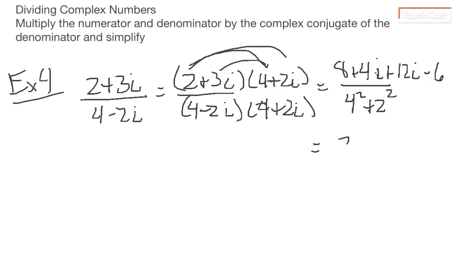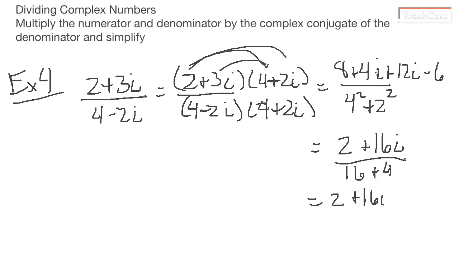So 8 minus 6 is 2. 4i plus 12i is going to give us 16i. 4 squared is 16. 2 squared is 4, so we're going to get 2 plus 16i over 20. Now, all three terms here are divisible by 2, so I'm going to divide everything by 2, and I'm going to get my final answer to be 1 plus 8i over 10.